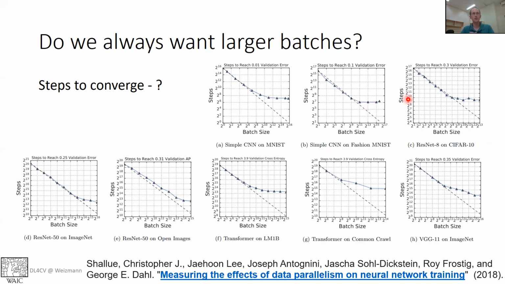It won't help you if you train on very, very large batches. So you'll consume a lot of compute resources, but you won't get the benefit, it won't scale linearly at some point. So in terms of steps for convergence, this is not very good news.